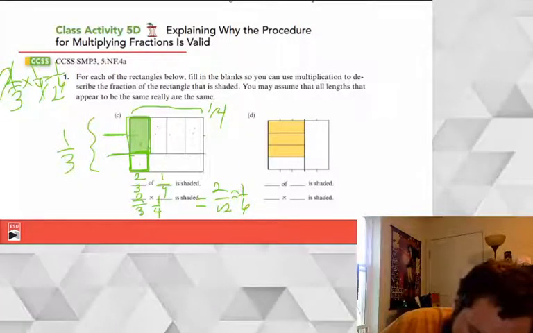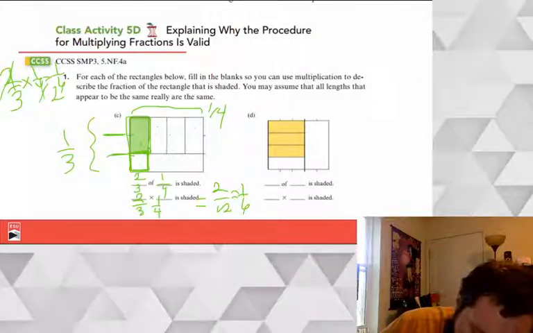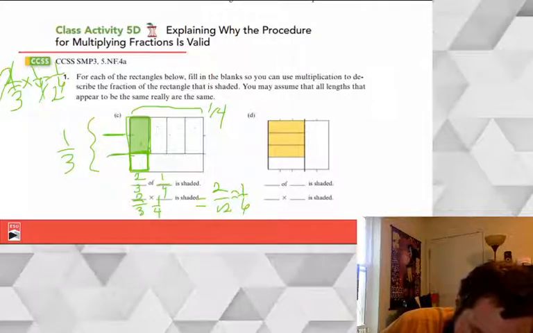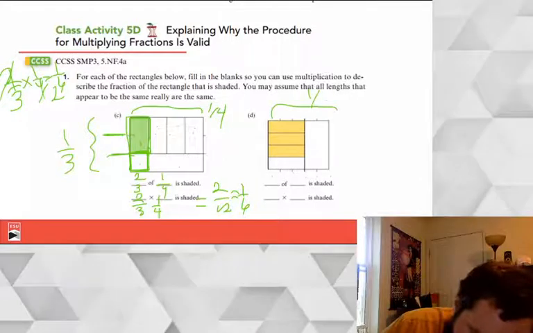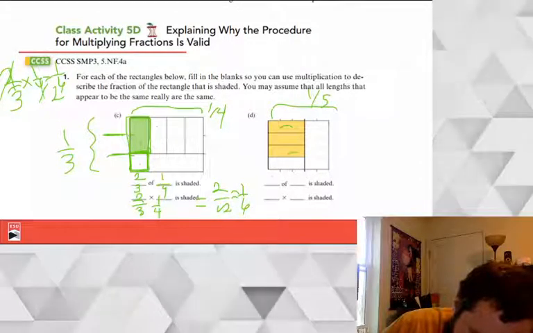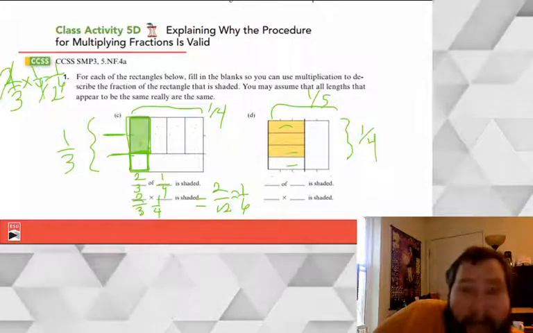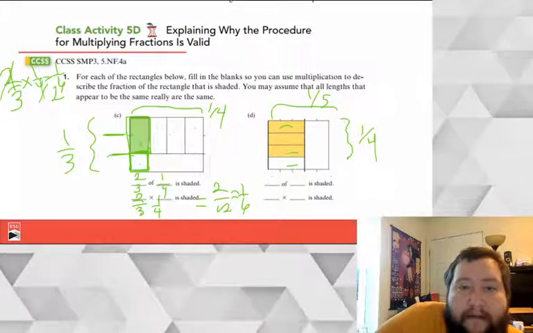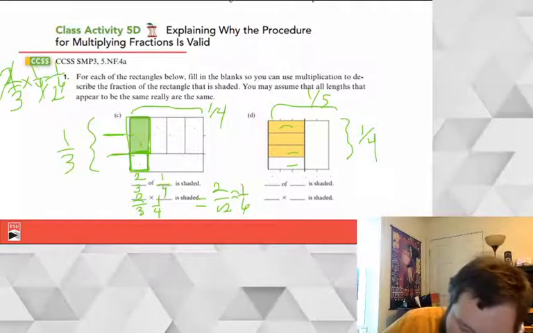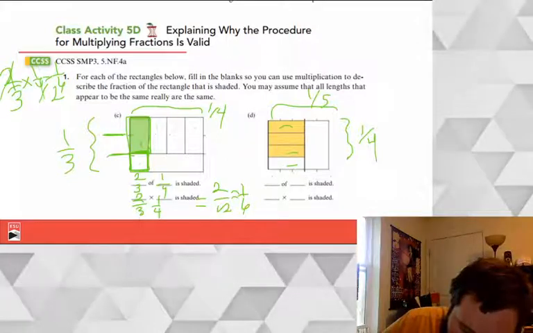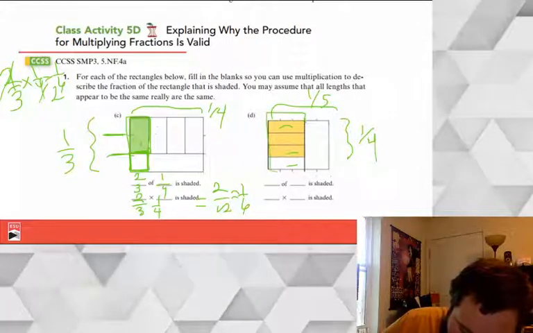Do the same thing here. We have 1, 2, 3, 4, 5 this way, fifths. We have 1, 2, 3 fourths this way. And so what is shaded? Well, let's say we're starting with this piece.